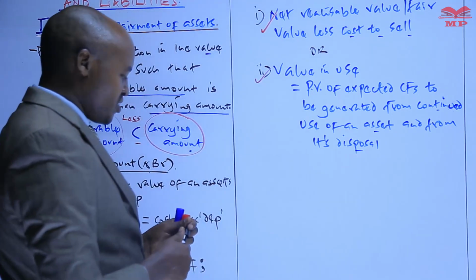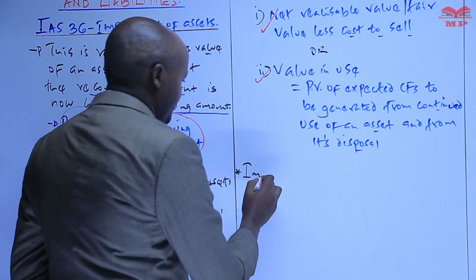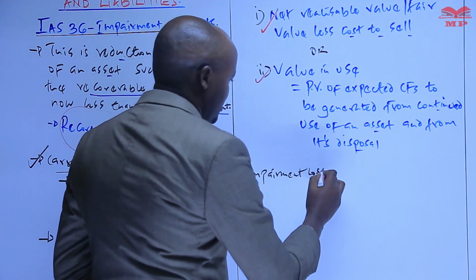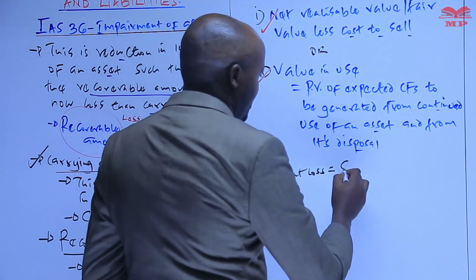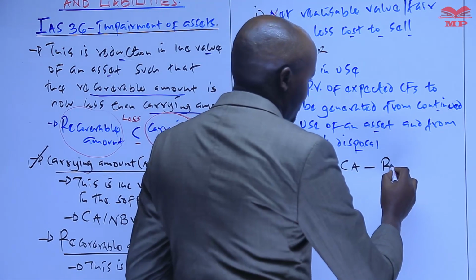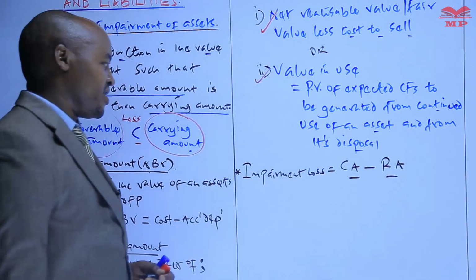So how is the impairment loss therefore determined? So the impairment loss is equal to the carrying amount, abbreviated as CA, minus the recoverable amount, abbreviated as RA.